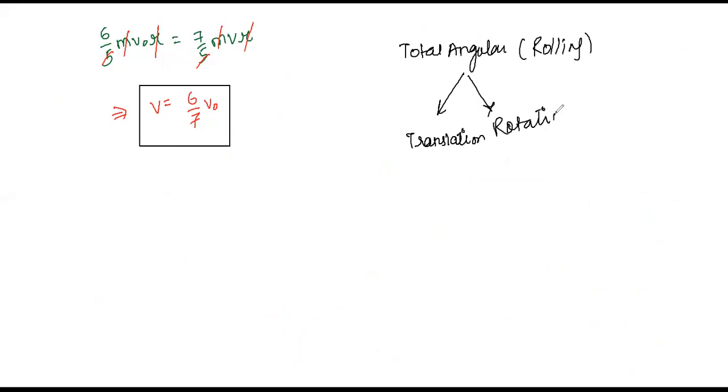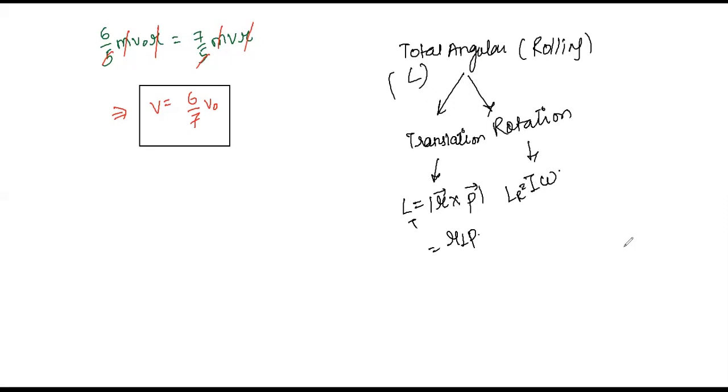The one which is given because of translation is the magnitude of the cross product of linear momentum and r, which is r perpendicular into p. Whereas for rotation, the angular momentum is I omega. So you call this L T and this L R. Whenever you are conserving momentum, you have to take L T plus L R is equal to constant.